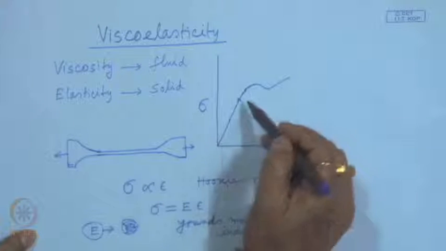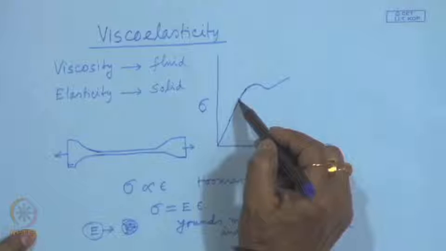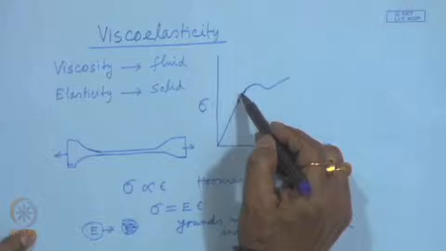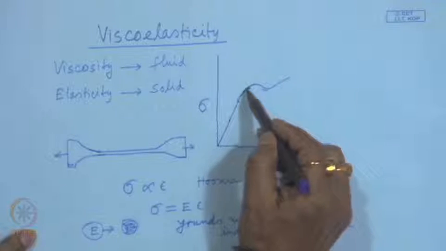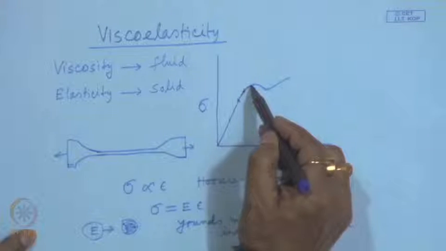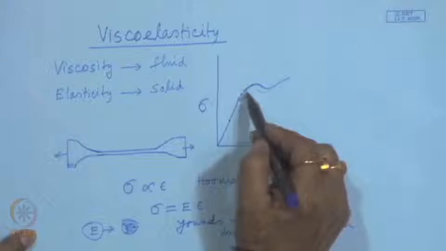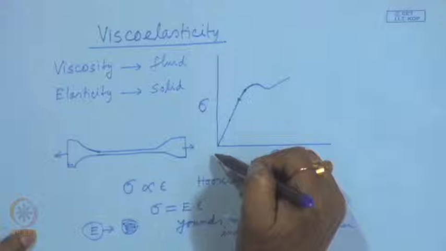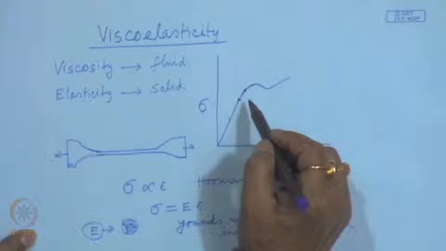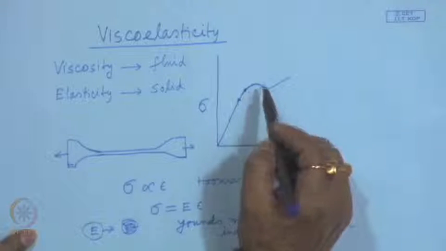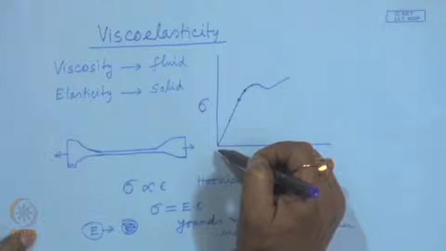Now, beyond certain limit, it deviates from linearity and deformation occurs in such a way that on release of the stress from any of these points on the stress strain curve, it cannot revert back to the original dimension instantaneously, and it may contain some residual deformation in it, which is called permanent set.